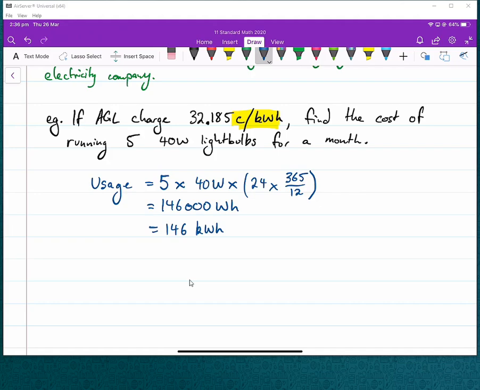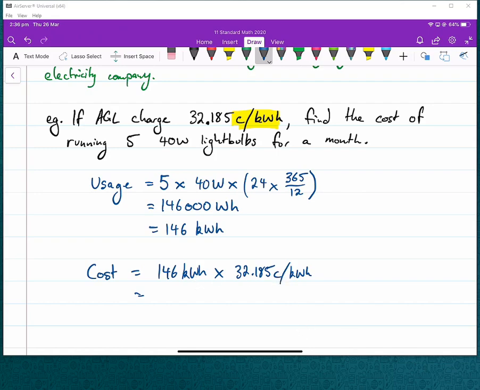So that's our first thing, and then we see our cost, which is equal to 146 kilowatt hours, and we times that by 32.185 cents per kilowatt hour. Now that gives us cents.